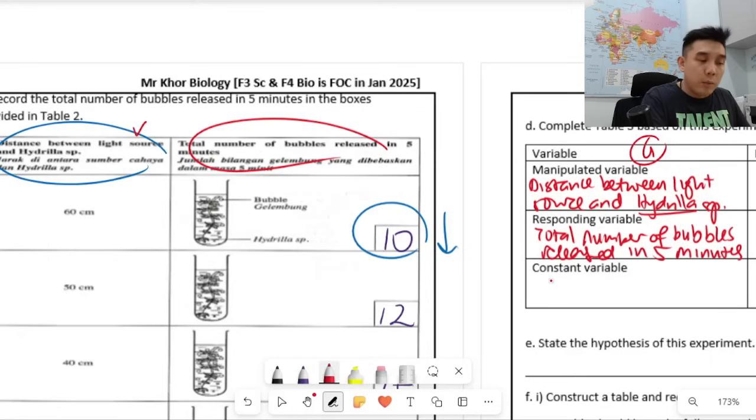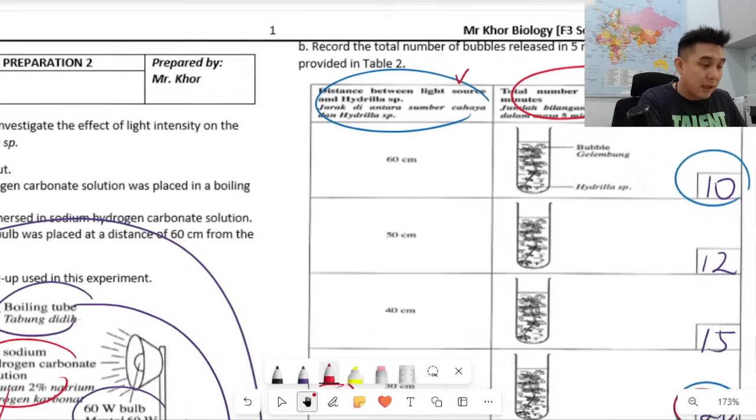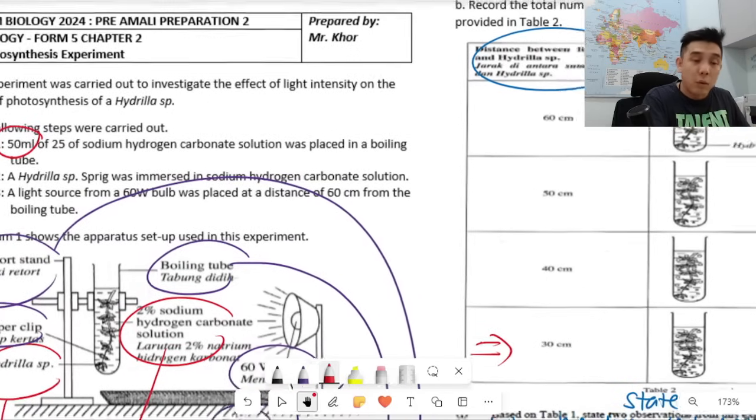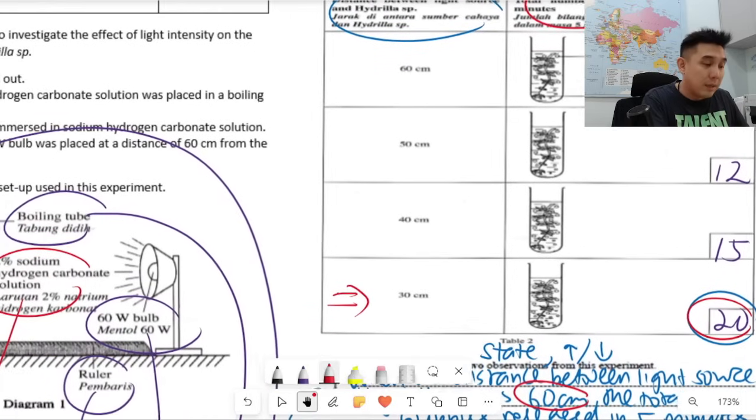And for constant variable, guys, you can say the type of plant. Or if you want to, you can mention, I use a slightly different one from the first video that I made. So this one I think can be, hold on one sec. This one, the volume of sodium hydrogen carbonate.